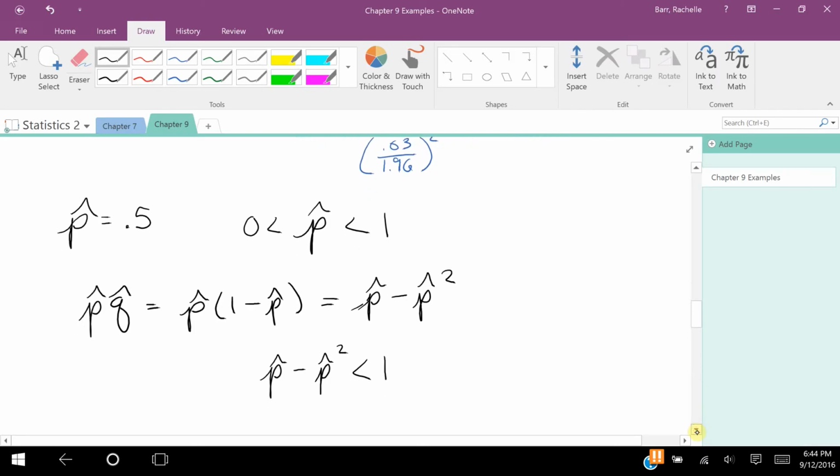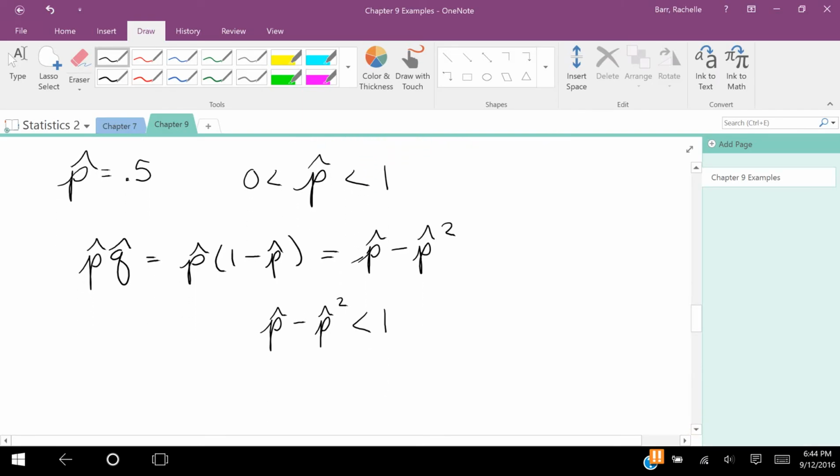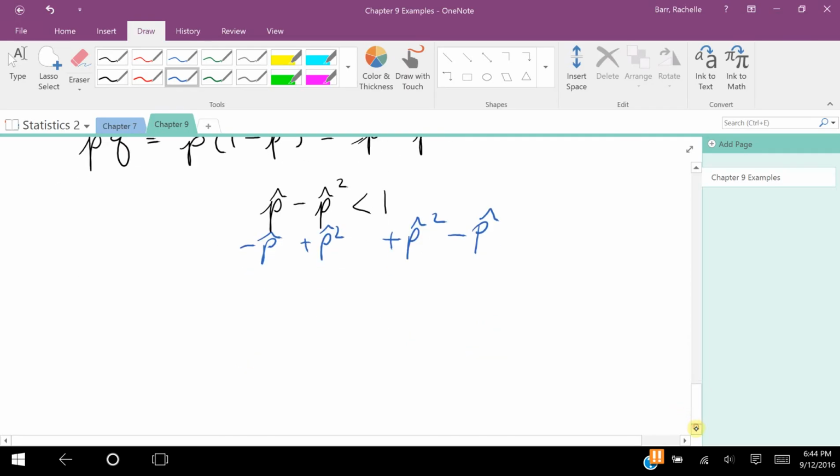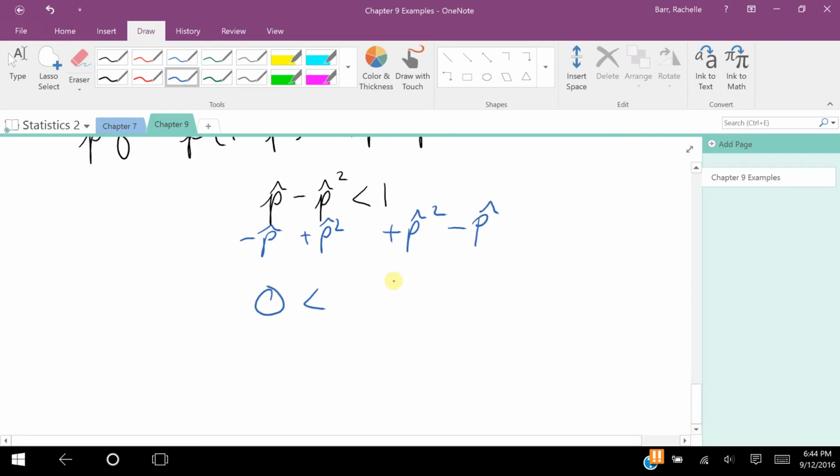So I'm going to add p hat squared and subtract p hat on both sides so that one side is 0, which makes it easier to factor. After the smoke clears, you end up with p hat squared minus p hat plus 1.